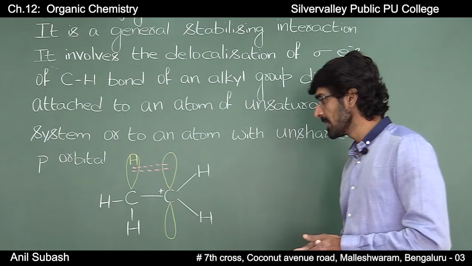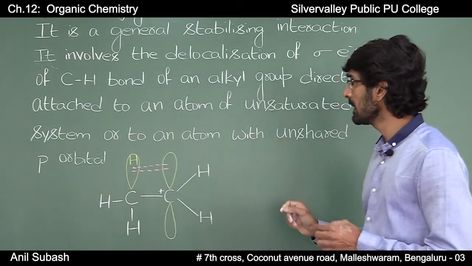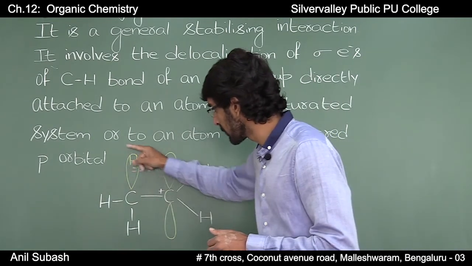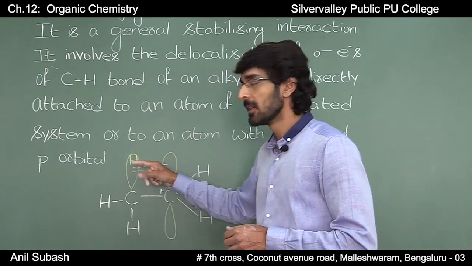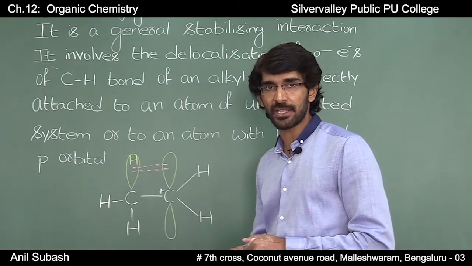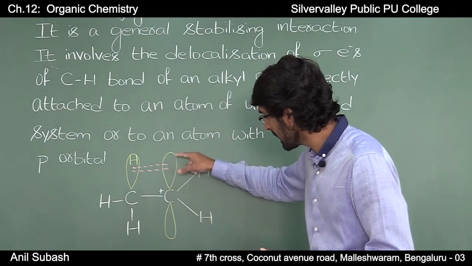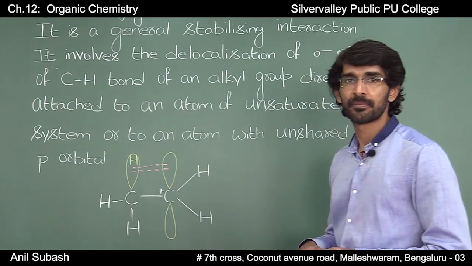For example, we will consider the ethyl cation. Here you have an alkyl group, that is CH3, which is attached to a carbon carrying a positive charge, and you have an empty p orbital.